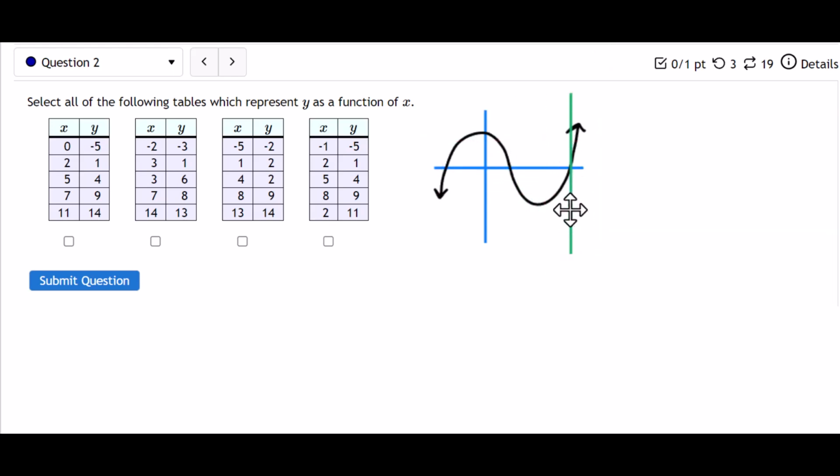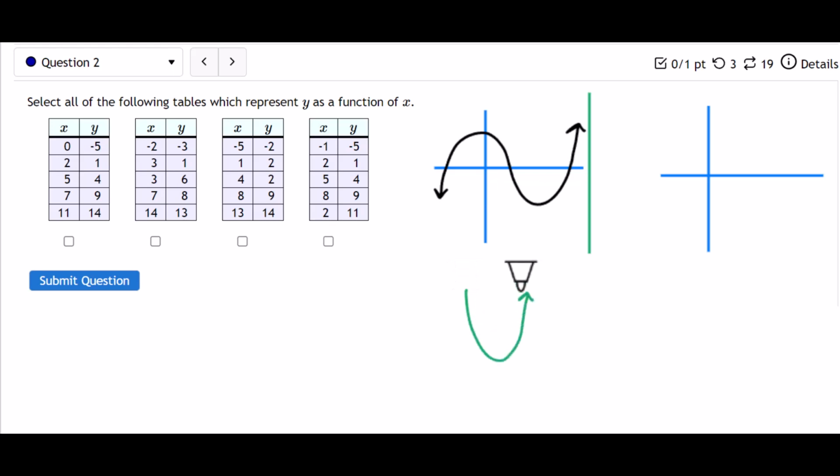Okay? Now, what would something that's not a function look like? So here, let's draw another little graph. And let's say I had something that you might be fairly familiar with. We know what parabolas look like, right? Quadratics, they look like something like this.